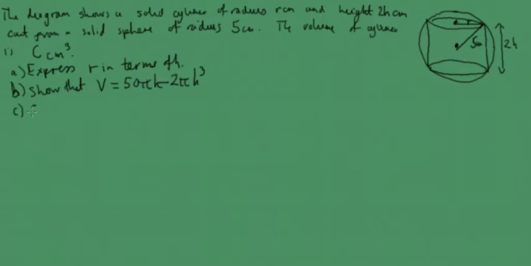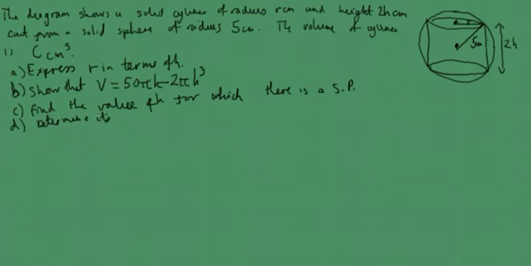Thirdly, find the value of h for which there is a stationary point. And finally, determine its nature.